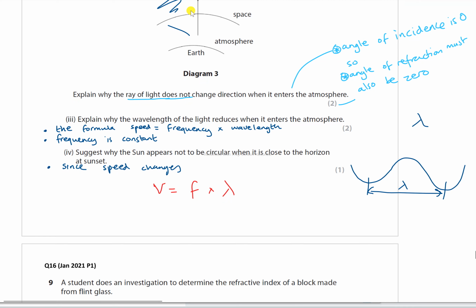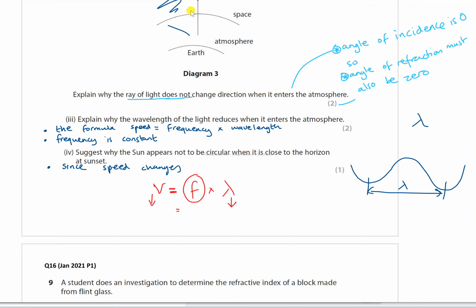So v equals, right, speed. The frequency stays the same. So if the speed drops, wavelength must also drop, for this to be equal. I mean, that's how you can learn it.